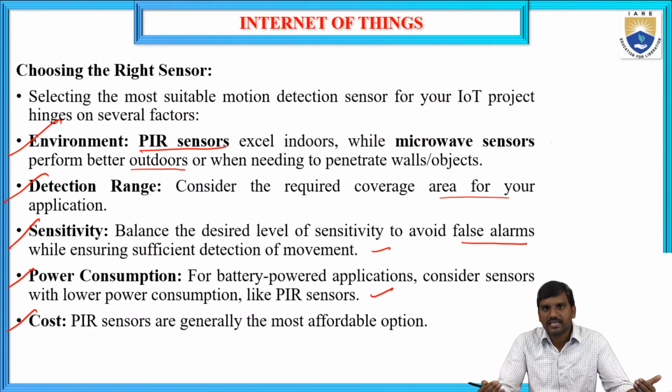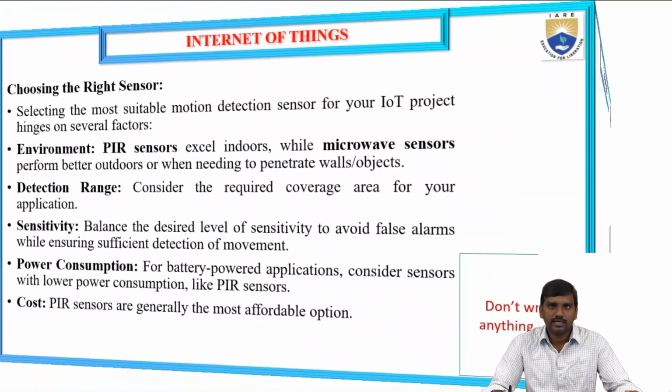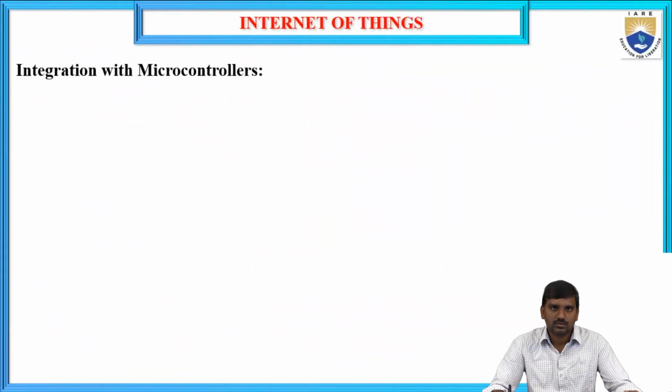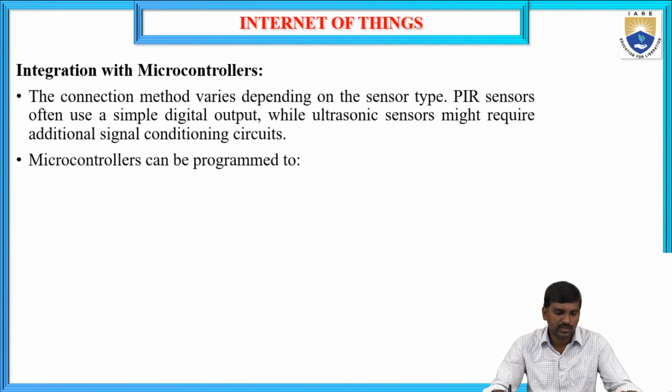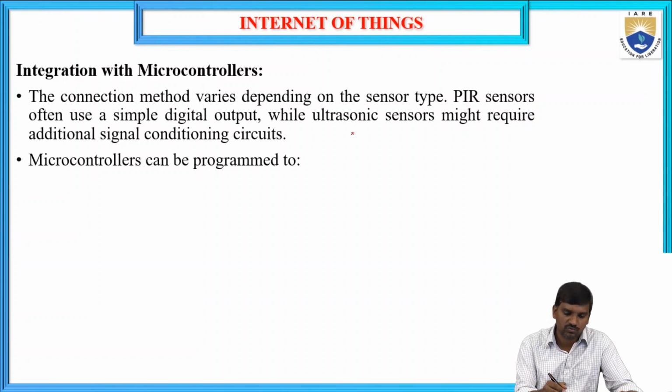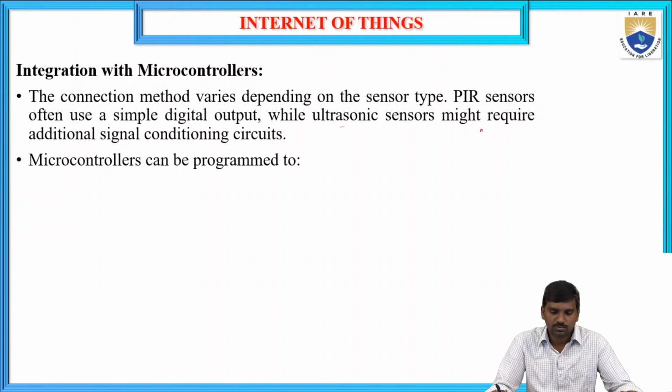Based on the applications and the ability to do the activity, we choose the right sensor to develop the IoT projects. And next, integrating with microcontrollers. The connection method varies depending on the sensor type. PIR sensors often use a simple digital output, while ultrasonic sensors might require additional signal conditioning circuits.